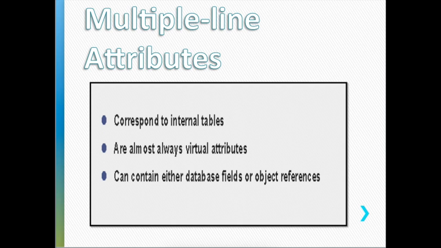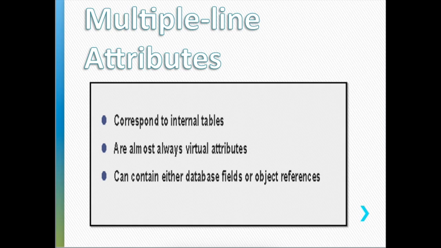And multi-line attributes are similar to an internal table. They correspond to an internal table, and are almost always virtual attributes. That means you have to do a certain implementation to fill up the data in these attributes. It can contain either a database field or an object reference. What it means is you can define one field, like take a material number.